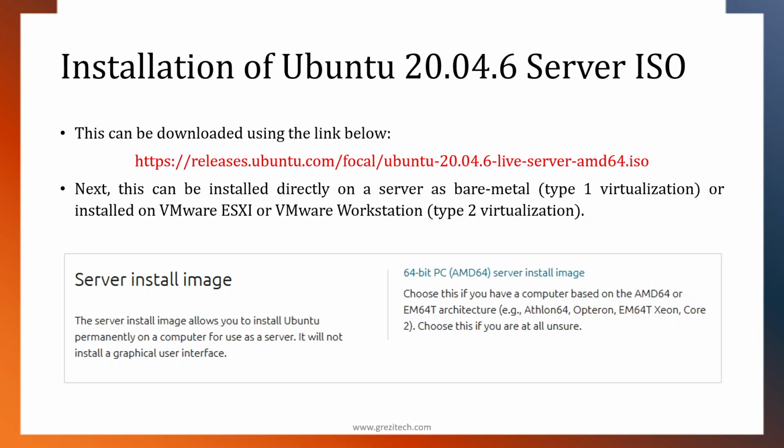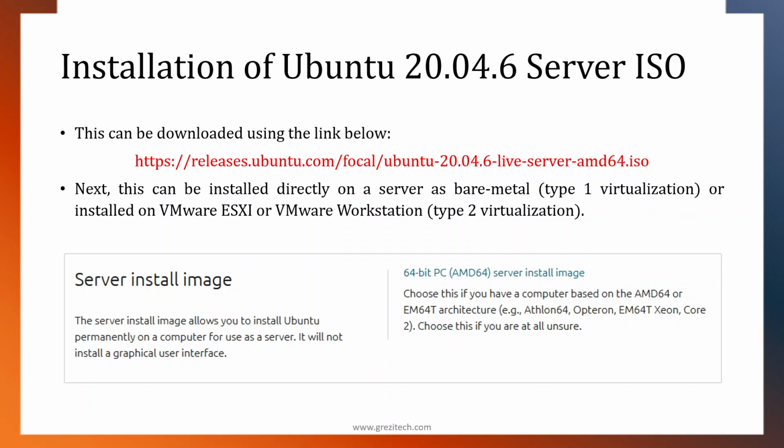Now there are two types of installation images. There is the desktop image. The desktop image is usually graphical. It comes with a GUI, meaning that you can log into Ubuntu, you would see images, you'd see the desktop, clickable items that you can work with. But the server install image is more like CLI.